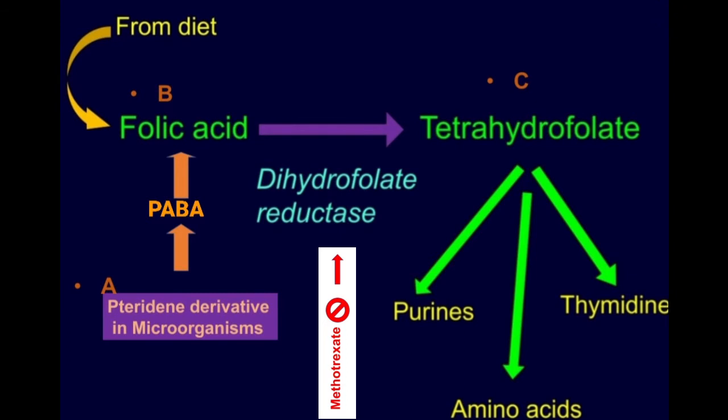It inhibits dihydrofolate reductase. So there's very little THF produced as a result. If you don't have THF, you can't make purines. If you can't make purines, you simply can't make DNA or RNA. Okay? Purines are ATP and GTP.